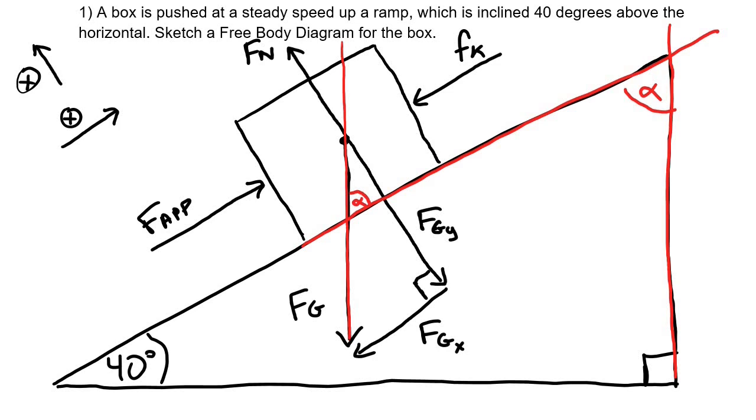That's what we said in our do now. And if this is alpha and we have here a right angle, what's the value of this angle here? We have alpha, we have a right angle. What's the value of this angle? 40 degrees. So this here is 40 degrees.